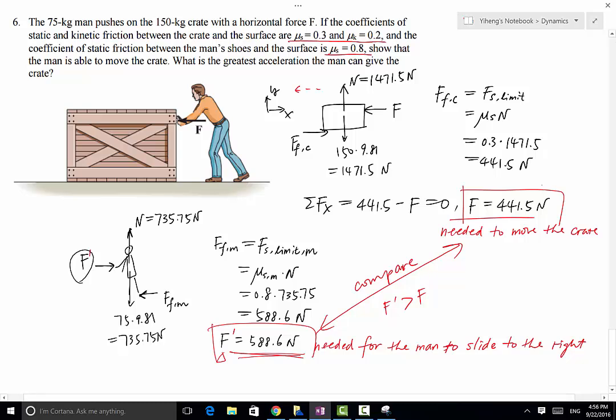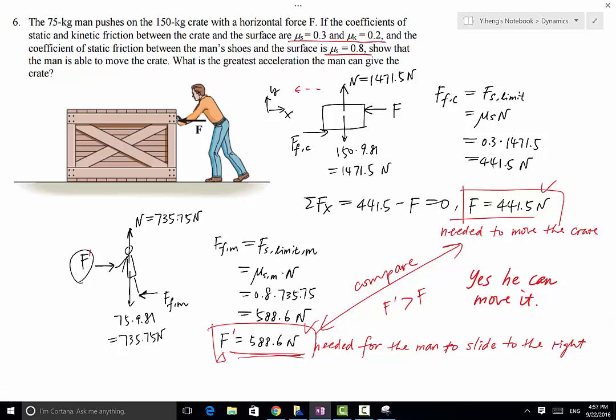You need less force for the crate to slide, and more force for the man to slide. Therefore, the conclusion is, yes, he can move it. So that's the conclusion for the first part of this problem.